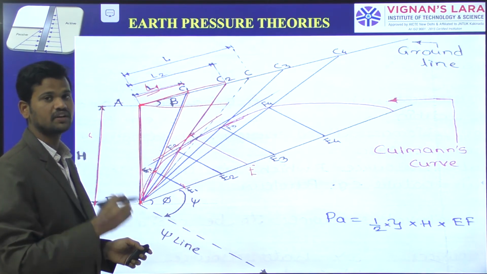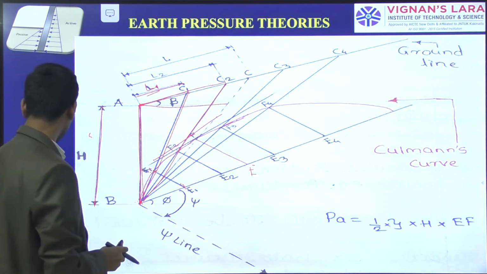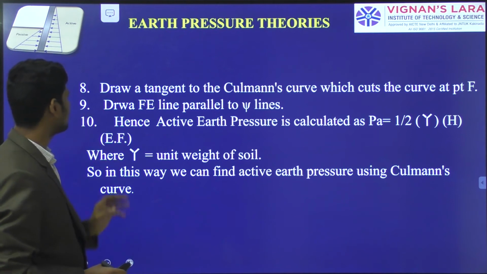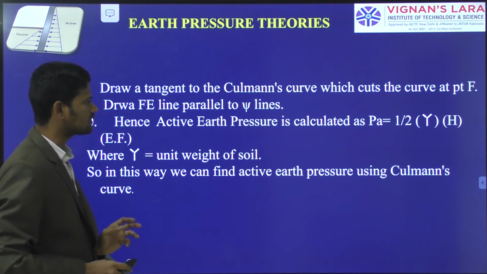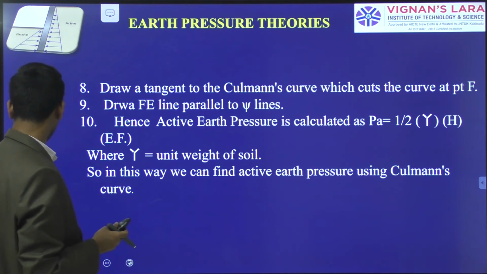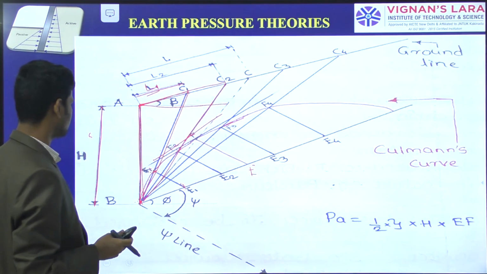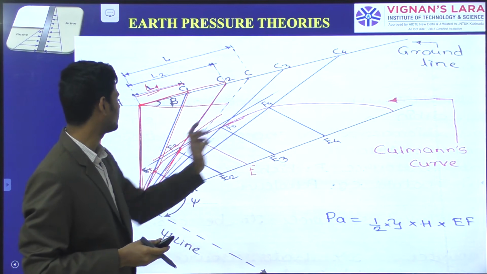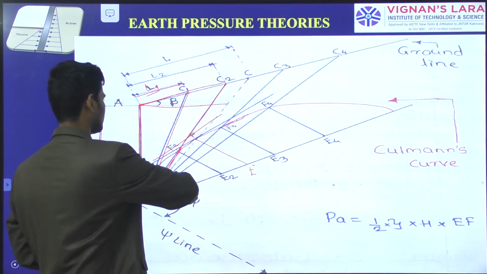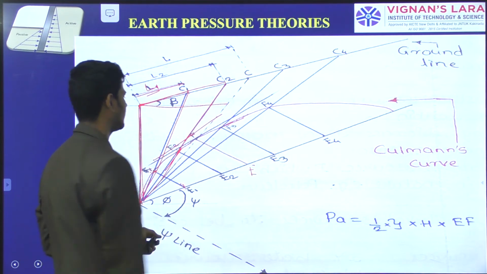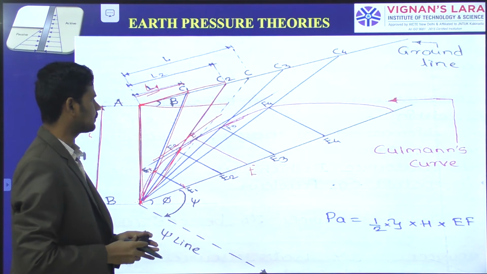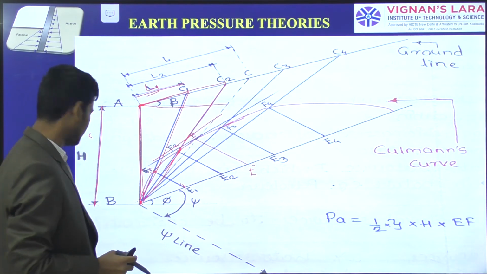The tangent to that particular curve will give the active earth pressure in Culman's graphical method. Okay, if you see here, draw a tangent to the Culman's curve which touches the curve at a point E. If you observe here, this is the graphical method. For this graphical method, if you draw the smooth curvature like that and the tangent touches the curvature at a particular point, that particular point will give the corresponding pressure.